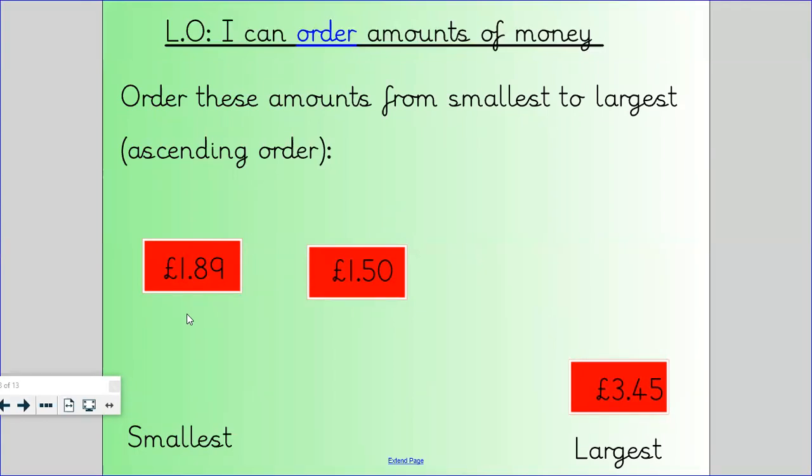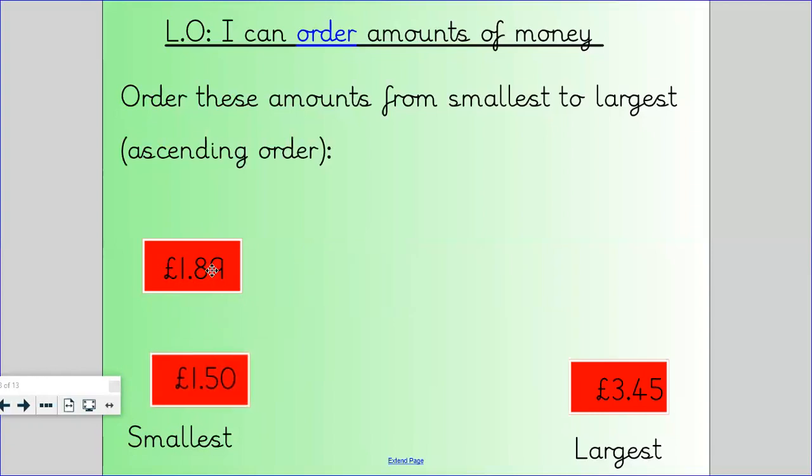So we're going to have to look across into the pennies. This is the 10 pence column. And we can see here we've got 8 10 pences, or 80 pence. And in this column we've got 50 pence. So we know that 50 is smaller than 80. So this must be our order.